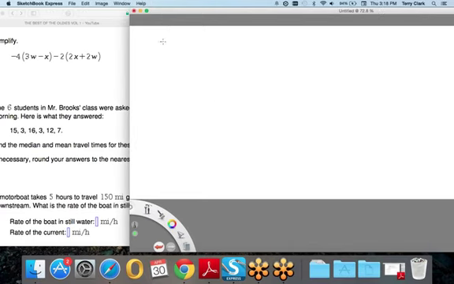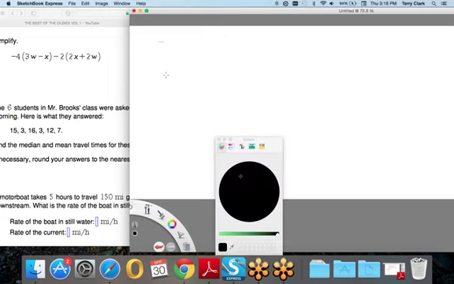Okay, so we've got -4. Well, I got to get a darker color because that color's not going to work. Okay, here we go. -4(3w - x) - 2(2x + 2w).